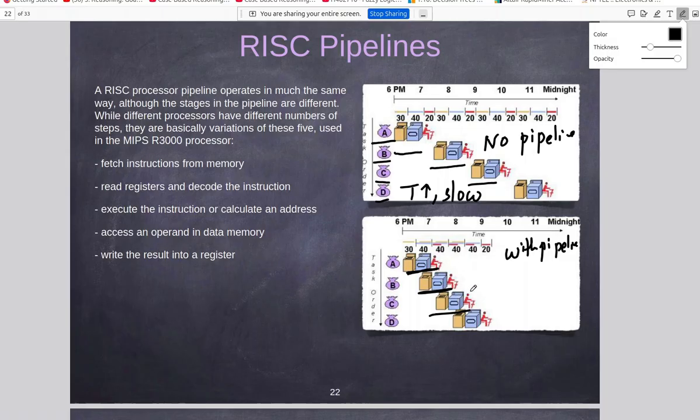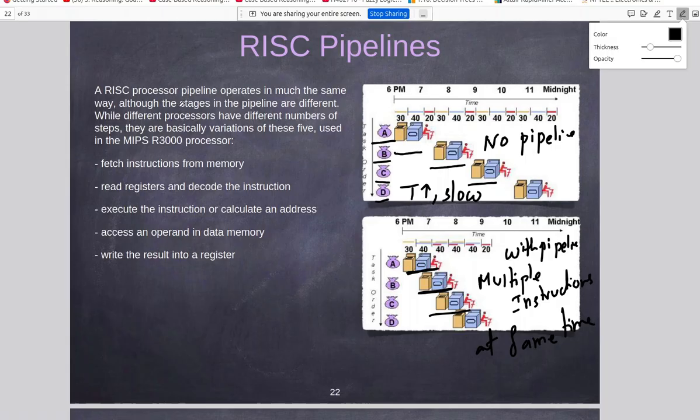That means multiple instructions are running at the same time.